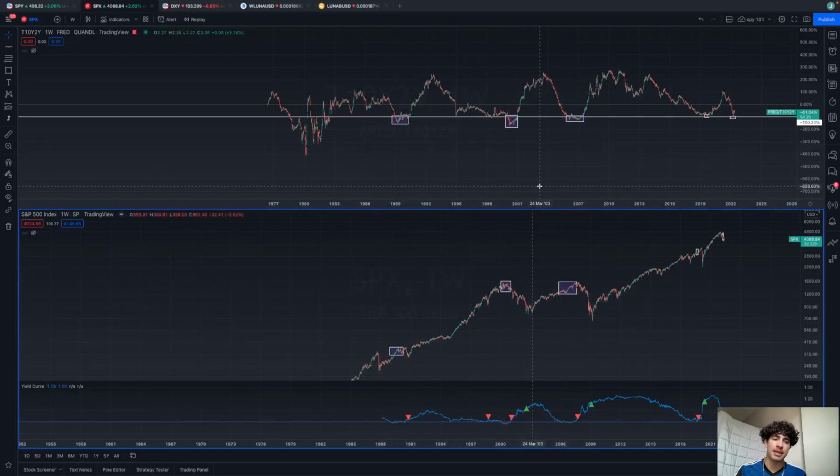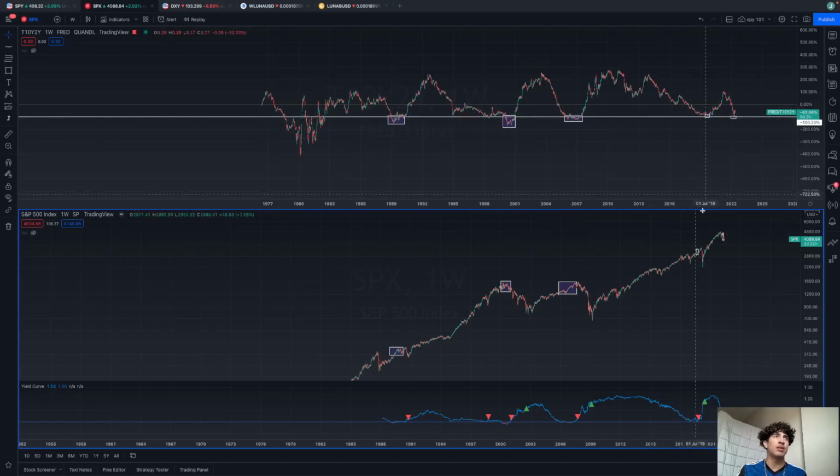It happened again in 2007, a topping process, it started going back up, and what do you know, we started really crashing in 2008, the great financial crisis. The Fed pretty much saved the economy there, they kind of had to. And then COVID, very small, but it went under, and it kept going, and then the massive COVID crash.